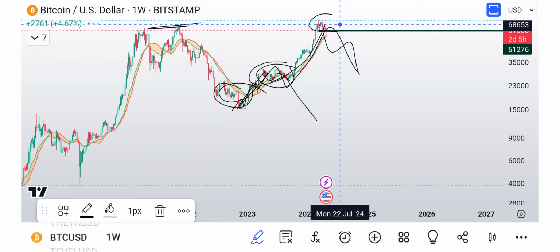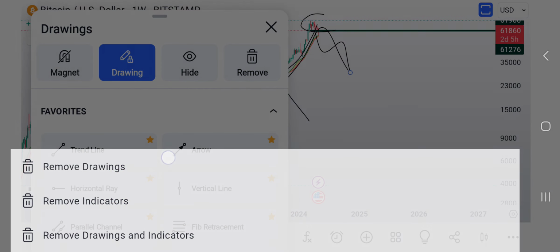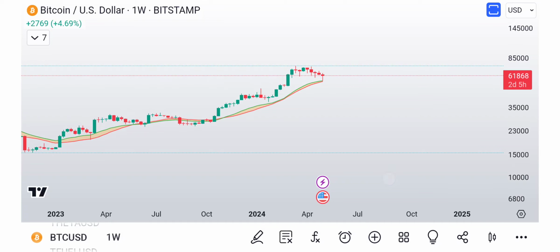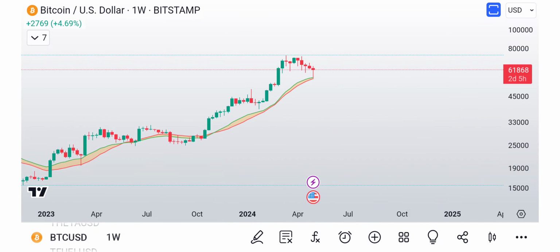But that's why I'll never come on here and tell you, yes, for sure it's going to go up, or for sure it's going to go down. I have no idea what it's going to do. I've been correct so far, but that doesn't mean I can't be wrong in the future. It's okay to be wrong, but the analysts who post their charts and get it wrong over and over and over again make people not believe in TA anymore, because all these people believe they're TA experts.